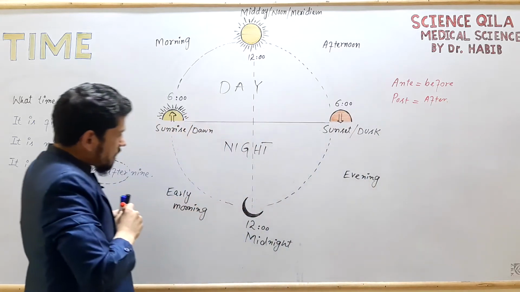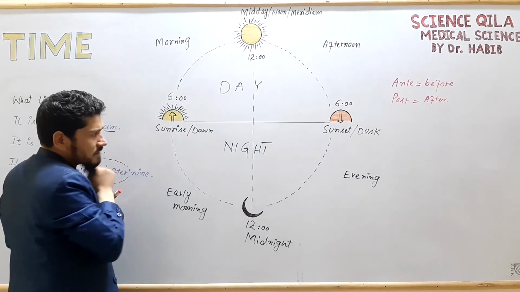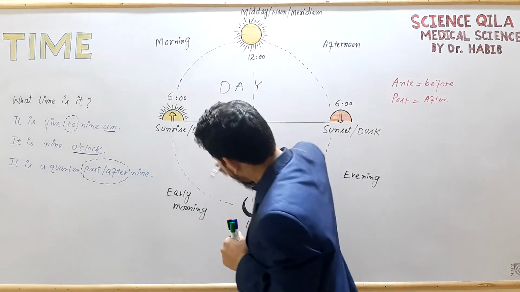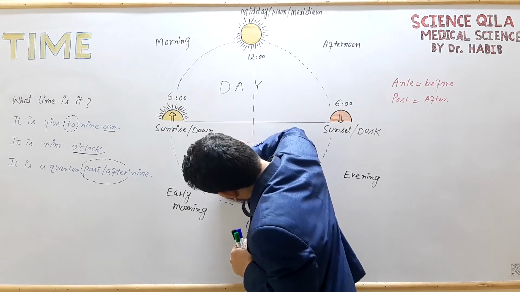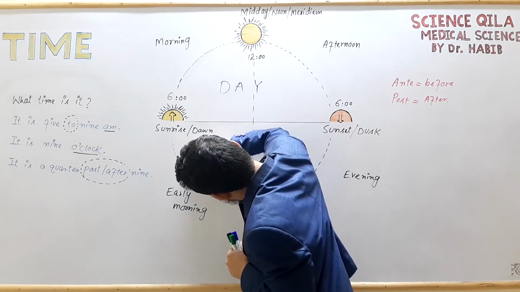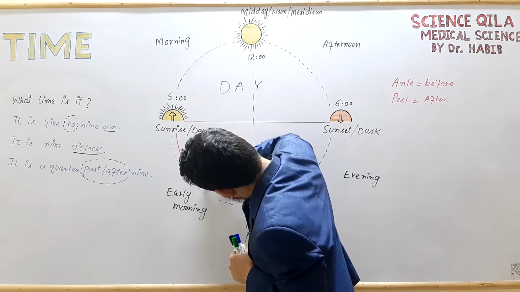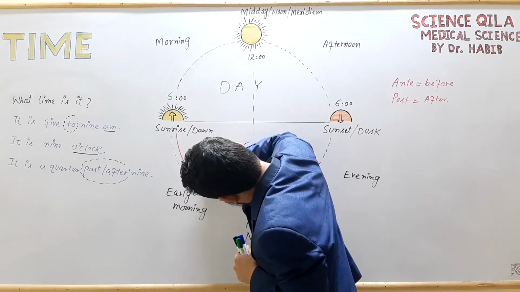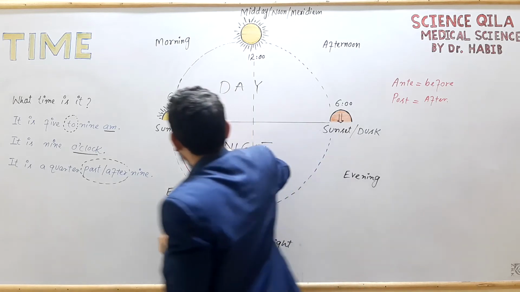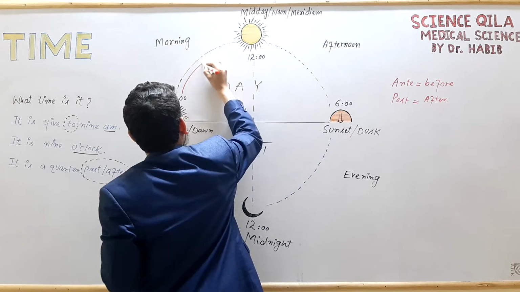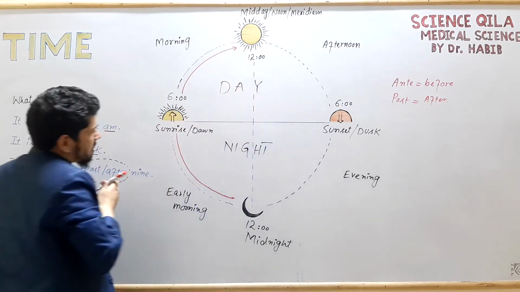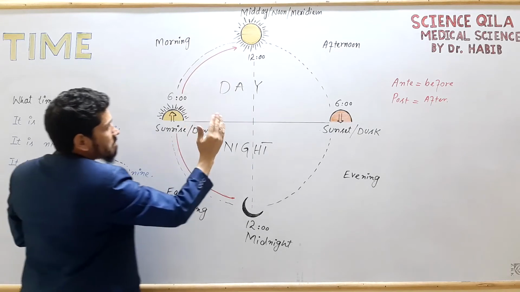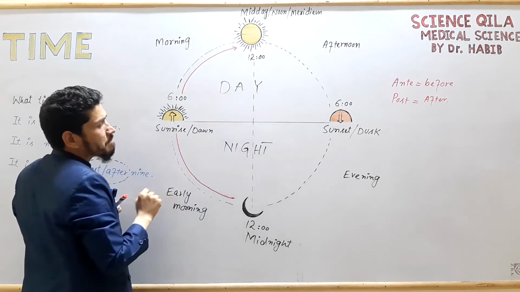Okay, let me ask you one question. Can you please tell me about this time? Let me draw a line. Is this time before the midday or after midday? Yes, please, I'm asking about this time. Exactly.